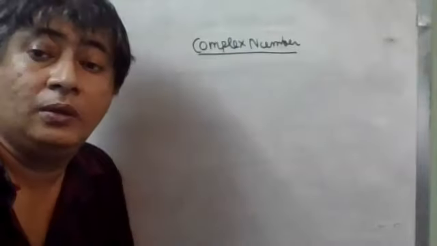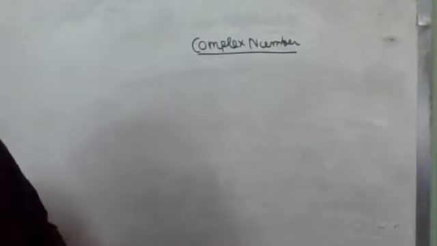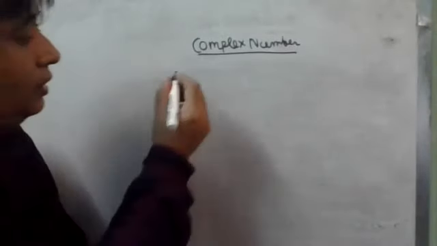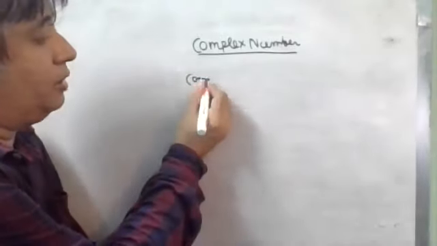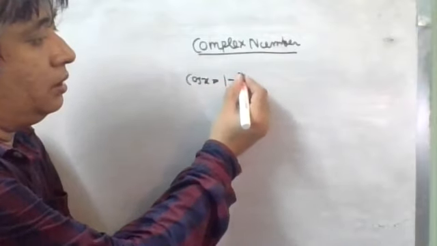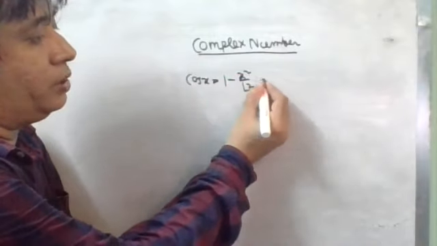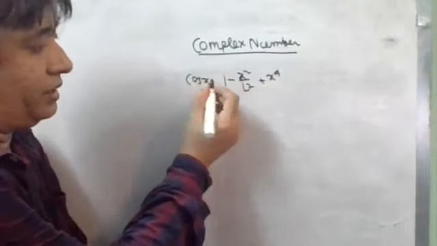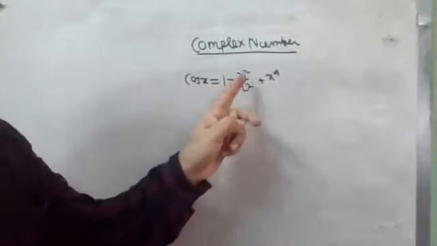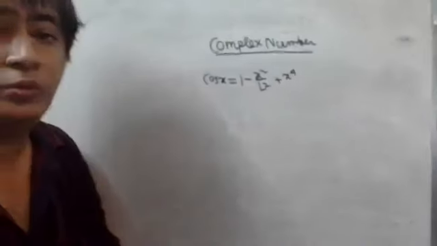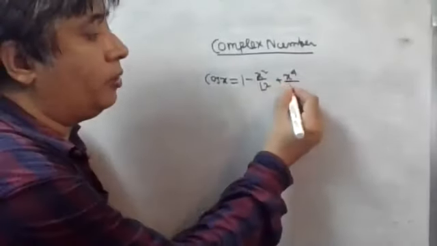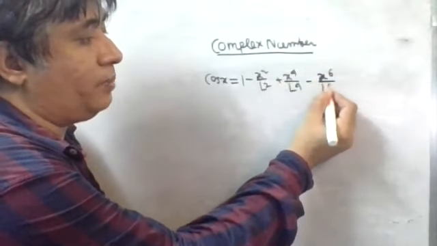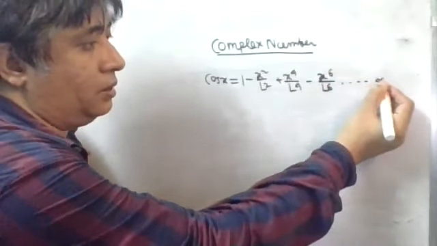Now, for your convenience, I'm just giving you two formulas. You have to learn these formulas. Cos x is equal to the expansion of cos x: 1 minus x square by factorial 2, plus x to the power 4 by factorial 4, minus x to the power 6 by factorial 6, up to infinity.